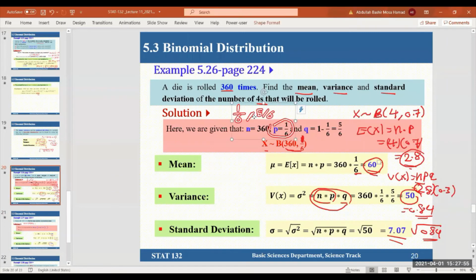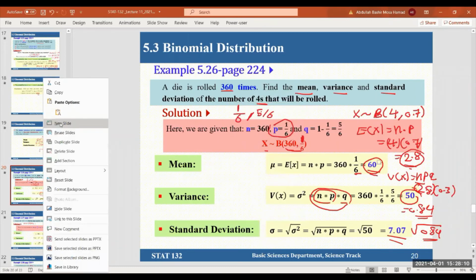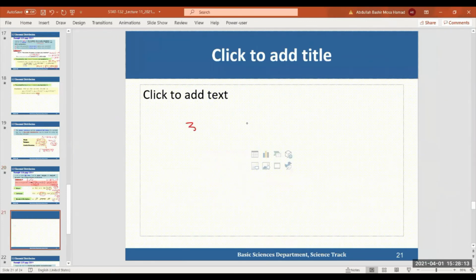A die is rolled 360 times. Find the mean, variance, and standard deviation of the number of fours. 360 times we roll a die. Find the expected value of x, variance of x, and standard deviation of x. To answer all these questions, we need to know n and p. N equals 360. P equals what?